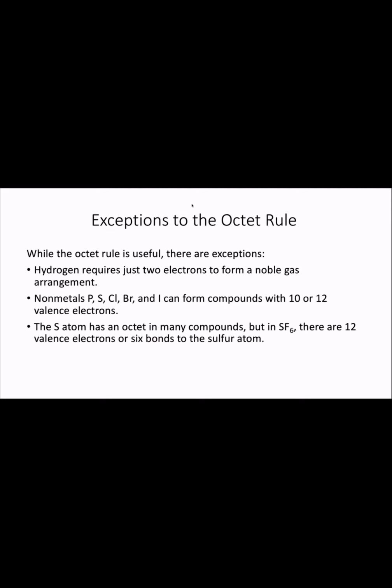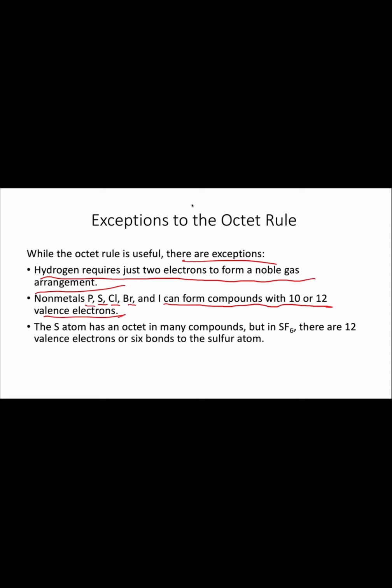Exceptions to the rule. While the octet rule is useful, there are some exceptions. Hydrogen requires just 2 electrons to form a noble gas configuration, so that's one. Non-metals like phosphorus, sulfur, chlorine, and bromine can form compounds with 8 to 12 valence electrons. So those have expandable shells.